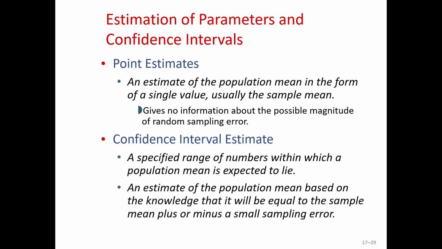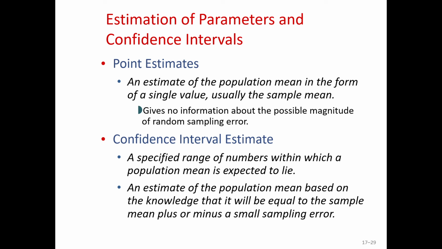So given the sample mean x bar, we might use this figure as a point estimate. The point estimate is the estimate of the population mean in the form of a single value, and it's usually the sample mean.